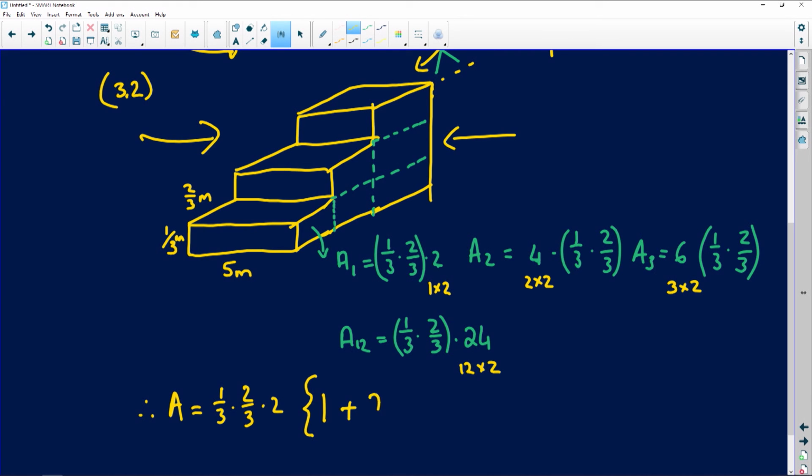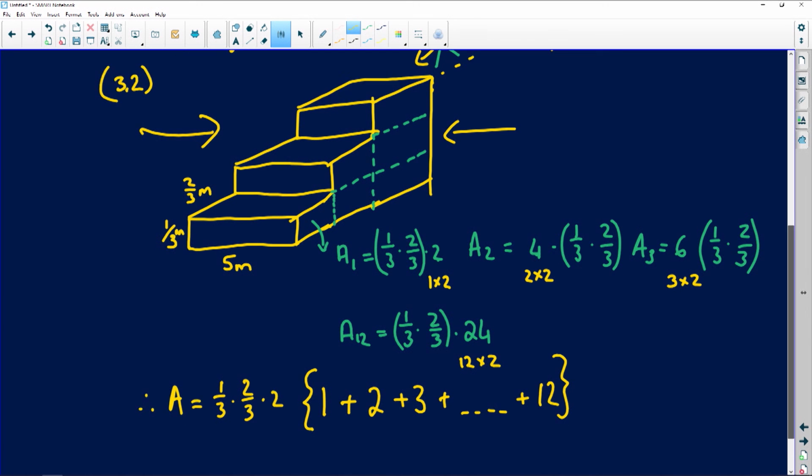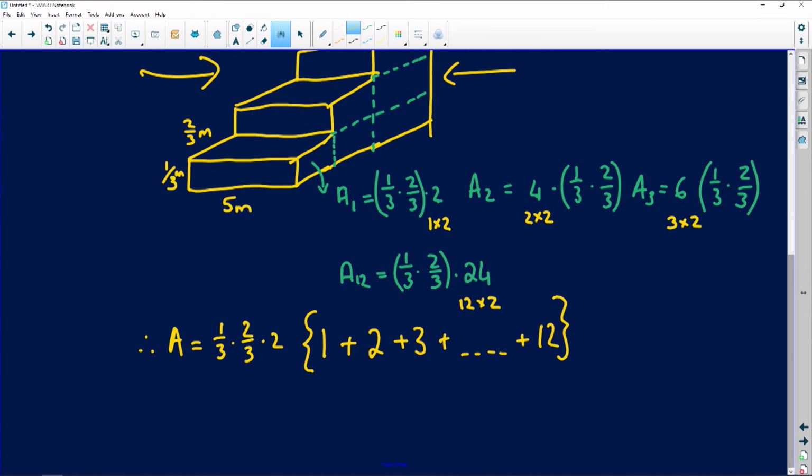Remember, the 2 is removed, so plus 3 of those, plus the next one will be 4. And this 2, that, and that is out, so plus 12. Now, folks, you can see this is the natural number sequence that you're adding. You're adding 1 plus 2 plus 3 plus 4 up to 12.